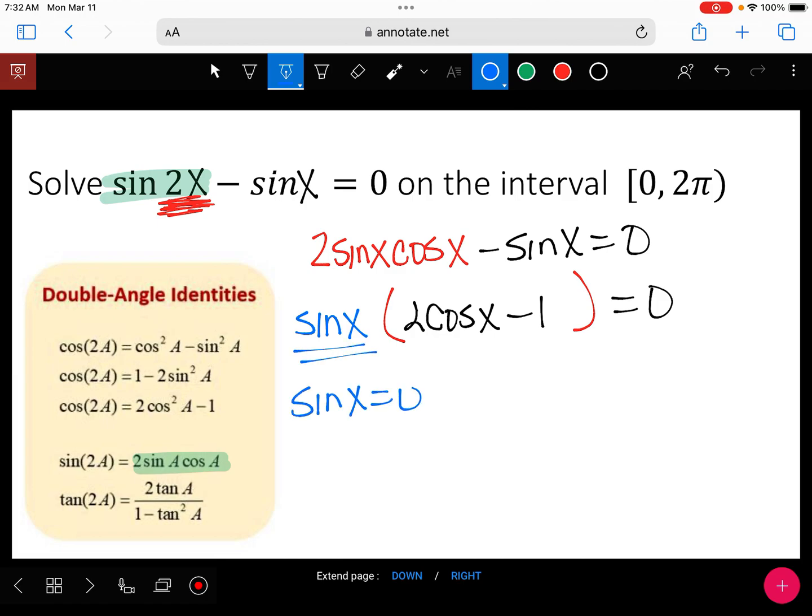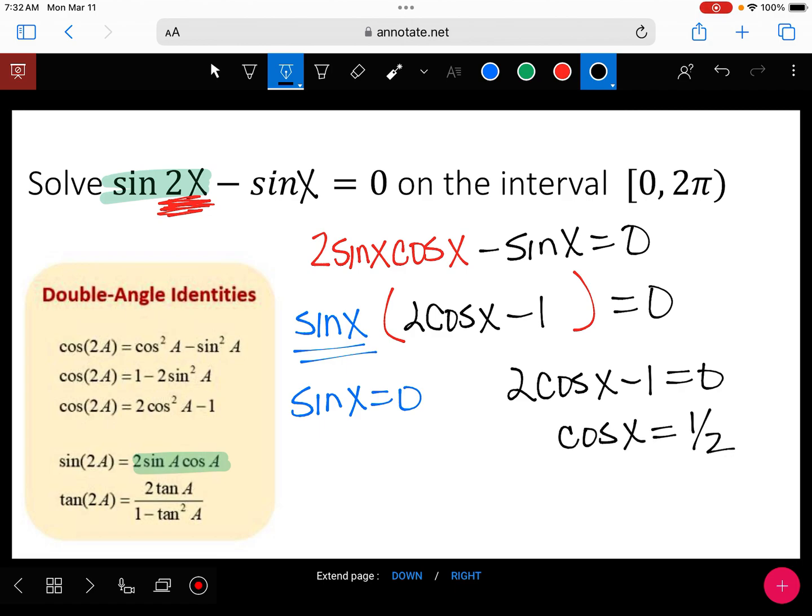So sine x equals 0. And 2 cosine x minus 1 equals 0. Which is going to solve and give you cosine of x equals 1/2.